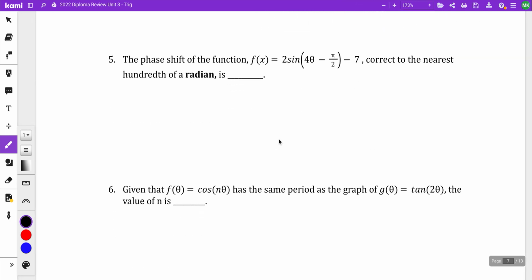Number 5. The phase shift of a function f of x equals 2 sine (4 theta minus pi over 2) minus 7, correct to the nearest hundredth of a radian, is. Phase shift. Phase shift is the C value.